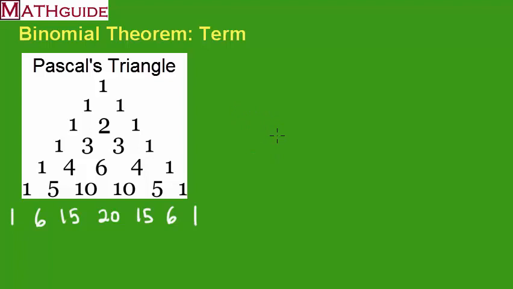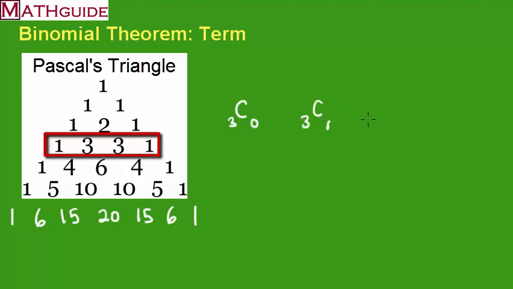In the calculators that you use, there is a combinatorics feature, and we can use it to reproduce rows within Pascal's Triangle. For instance, if I wanted to reproduce these numbers 1, 3, 3, 1 using combinations, I would take 3 choose 0, 3 choose 1, 3 choose 2, and 3 choose 3.